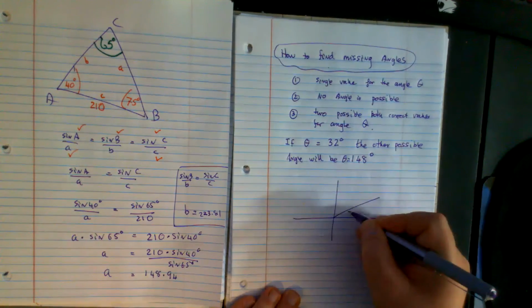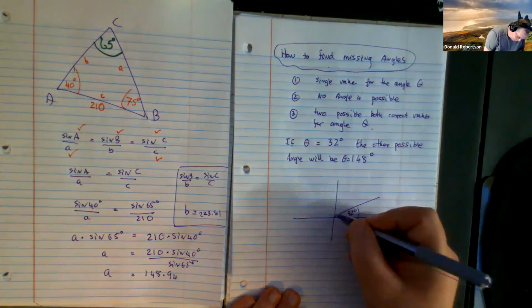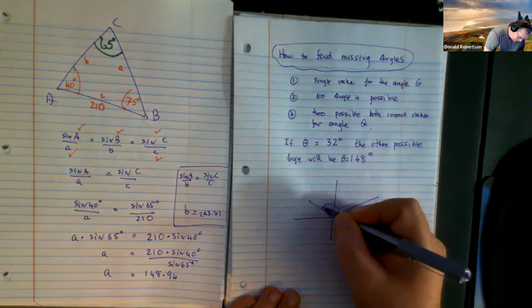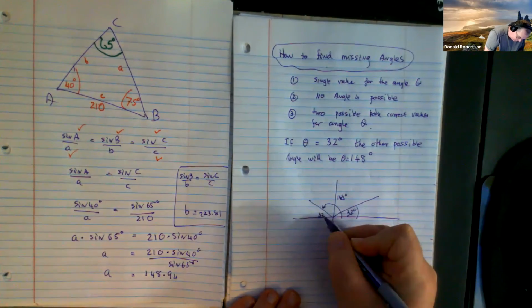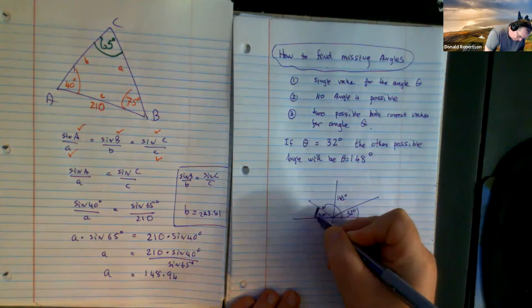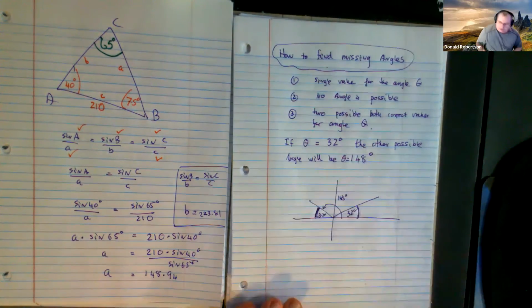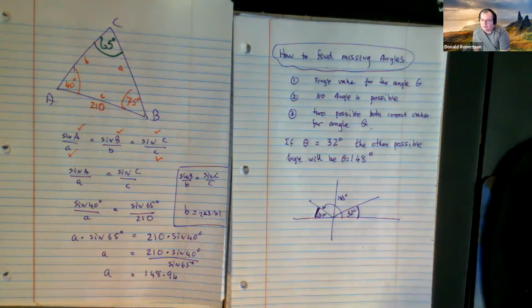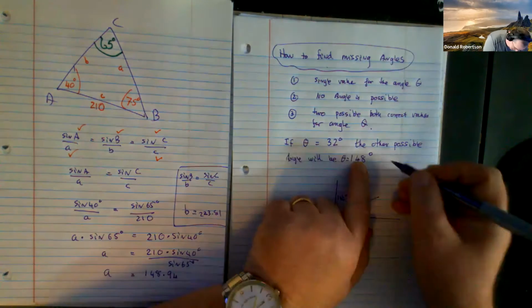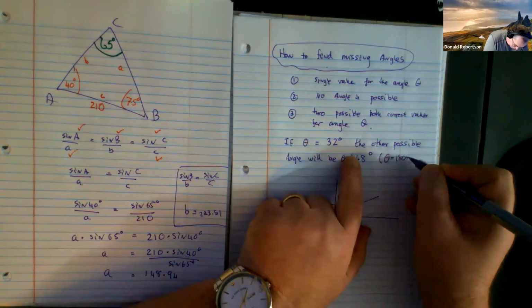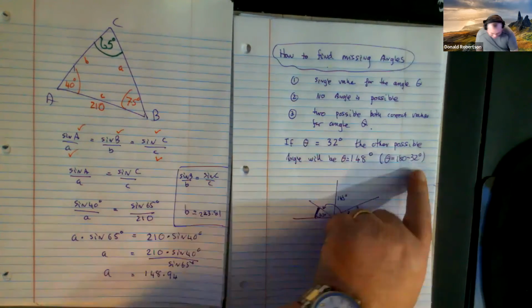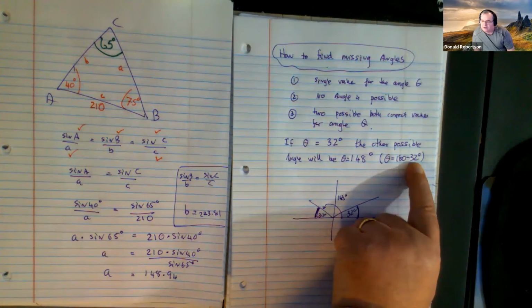Yeah, you could get 32, but isn't it possible that you might be getting the other guy, the 148? You remember those things where we looked at there are two answers for the sine, two answers for the cosine, all that carry on. That's basically coming here. So when you want to see the second answer, just take 180 and subtract the one that you got. This one you'll get from your calculator, right?